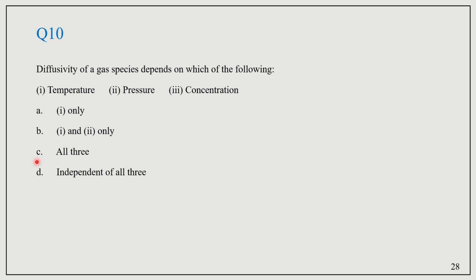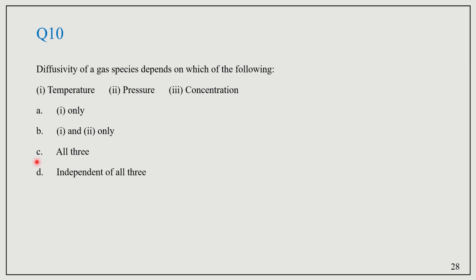When the temperature is high, it affects the diffusivity because the kinetic energy of the molecules will be affected, and therefore more kinetic energy means increased diffusivity. And also pressure, if pressure is high, it decreases the diffusivity because there's less space to move.